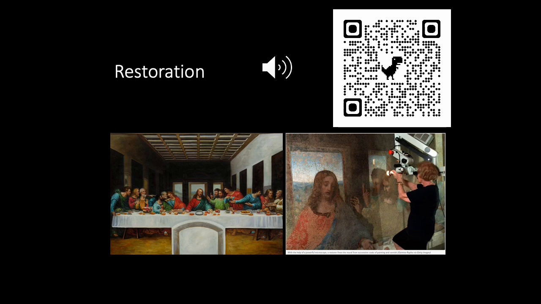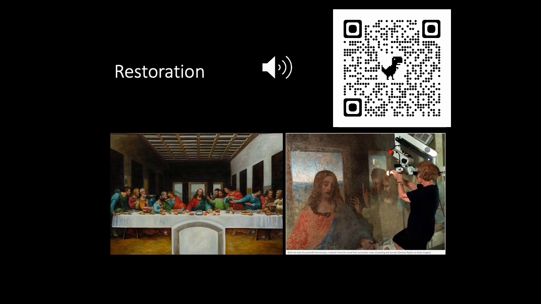And so when she restored the work, she believed that there was a woman sitting at Jesus's left-hand side. And she thought that the original painting had Jesus's mouth open instead of closed. And there were some things that happened with Jesus's hands that we don't know whether or not they were Da Vinci's original design.